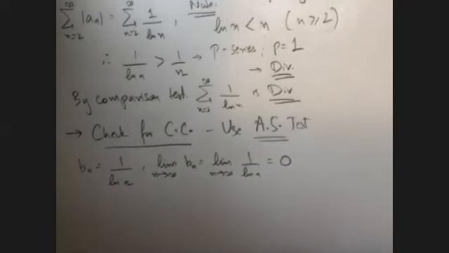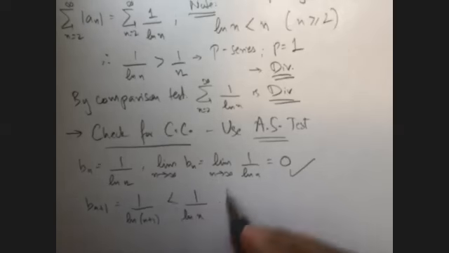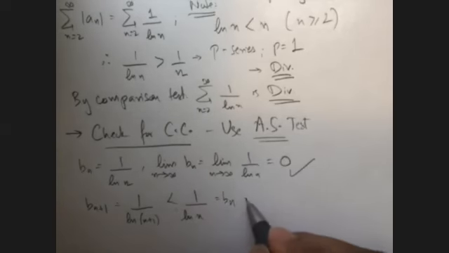The limit is zero. So this condition is correct. Second, b_{n+1}, 1 over ln(n+1), is less than b_n. So this is also true.